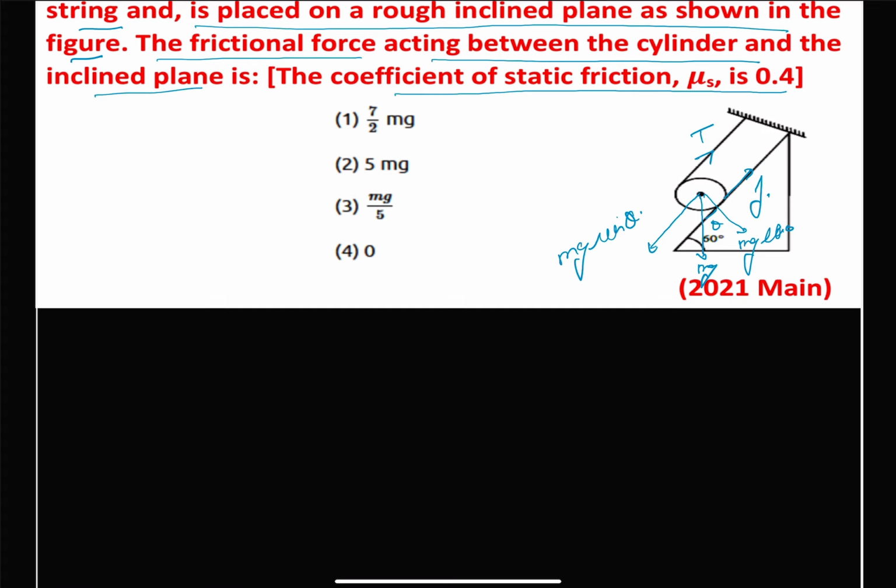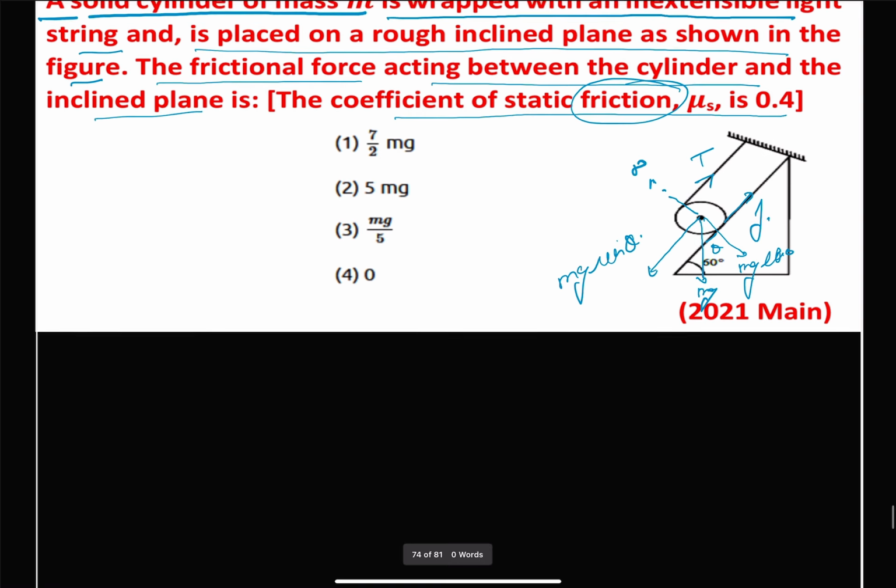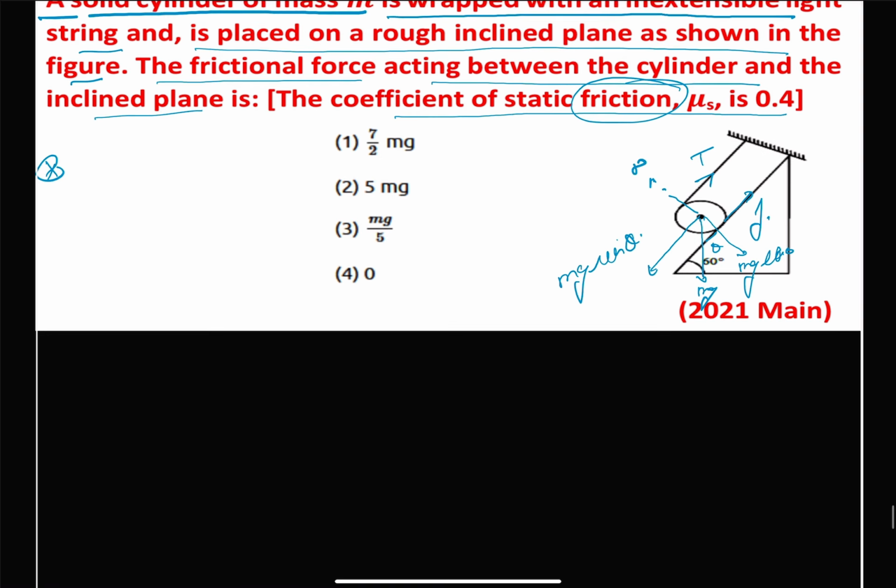Okay, normal we require because there is a friction part involved in it. Therefore, let me draw the normal. So we can say our normal N will be equal to mg cos 60, and this gives us half mg.